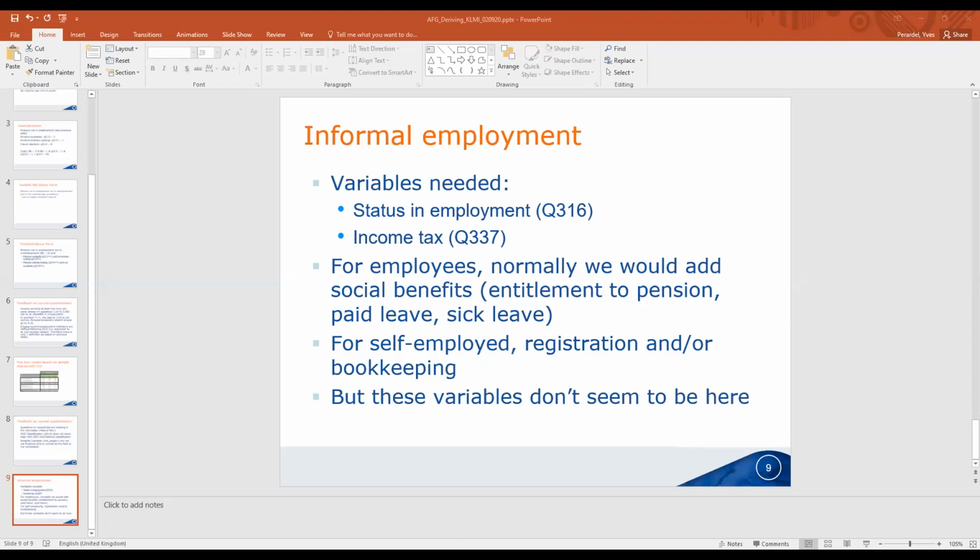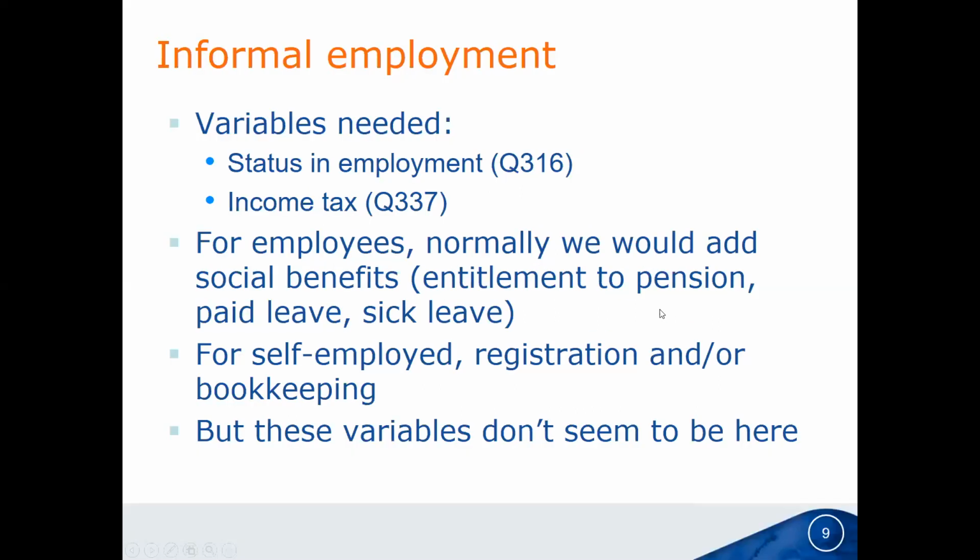And the other one that I found that could be useful to define informality is Q337. And this is, do you pay tax from your income? It's not, I would say, the best question to define informality, but it's the only one we found in your questionnaire that could be used, because normally for informality, what we use is for employees.